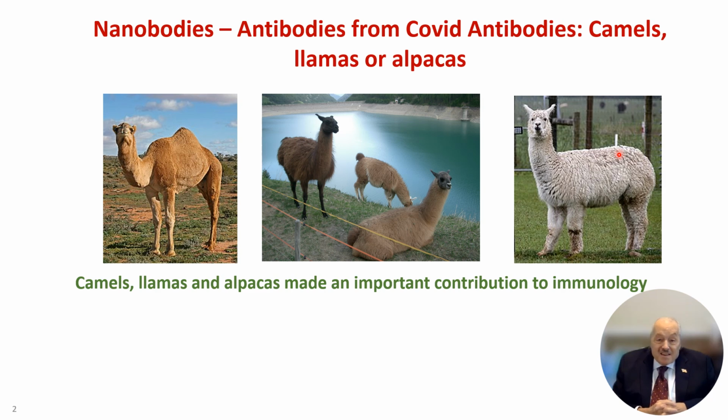There's certain animals, camels, llamas, and alpacas, that have a different type of immune system and a different type of antibody.